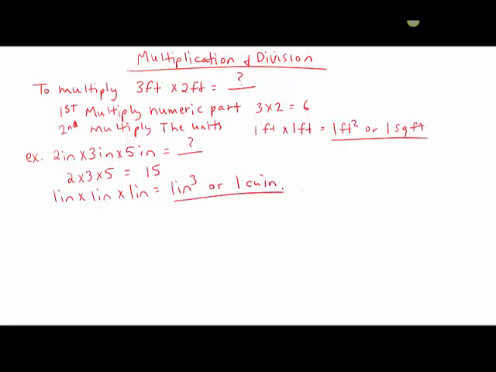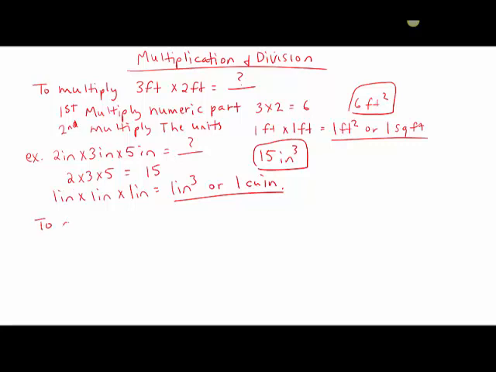Either one of those is correct. So that's going to be 15 inches cubed. And this will be 6 feet squared. Forgot to do that. Once you get good at this, you would just multiply the numbers and then multiply each unit. You don't have to go through all these steps.